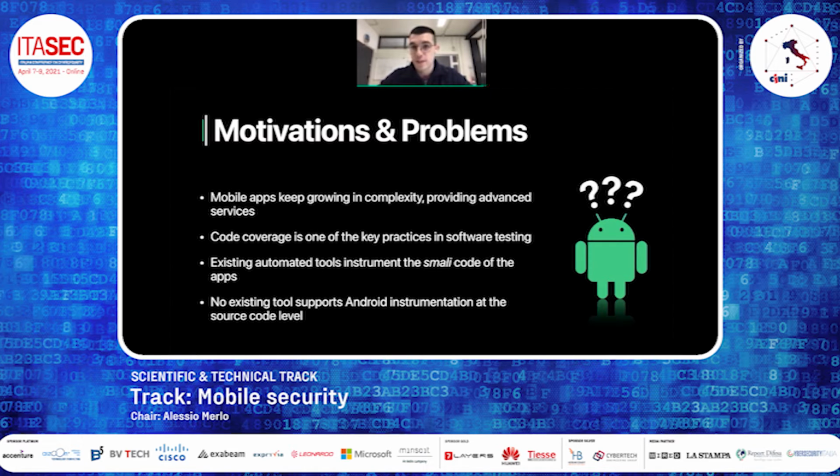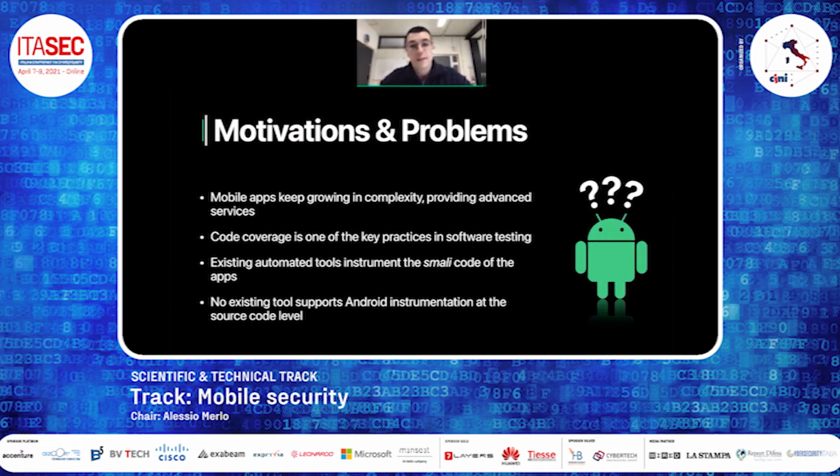Let's investigate the motivations behind COSMO. First of all, Android apps keep growing in complexity, introducing new features and services. And to properly test the applications, checking the code coverage is one of the critical methods. But to collect the code coverage of an application, we need to instrument it. And the automated tools available instrument the apps at the SMALI code level.